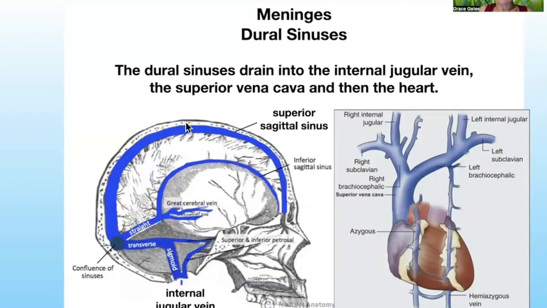There's the superior sagittal sinus, and there are many other little sinuses, and they all end up draining into the internal jugular vein, and from there into the superior vena cava, and then the heart. And I put pictures of all this for you to follow. I know that we haven't learned about the internal jugular vein, the superior vena cava, and the heart yet, but we will.